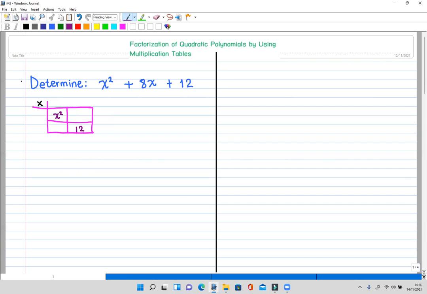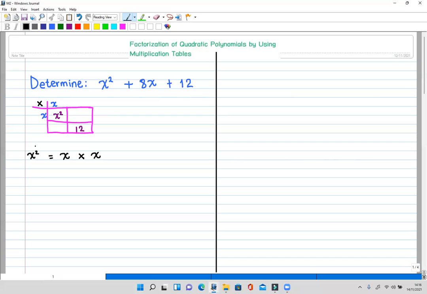Okay, now for x squared we know that it is x times x, okay? So it means that we are going to have x here and x here. That is x times x.